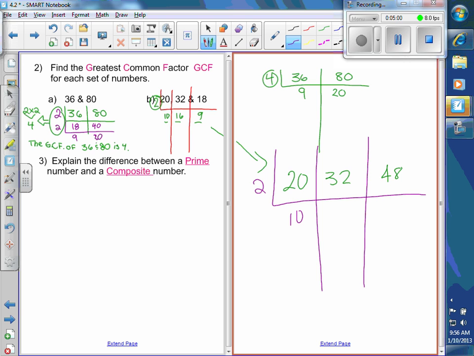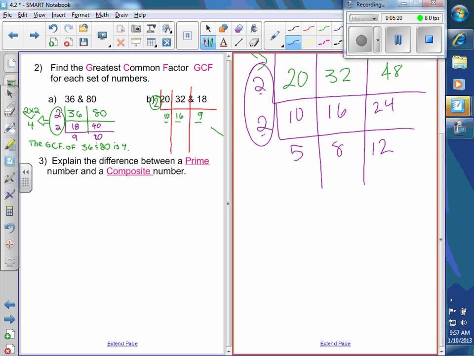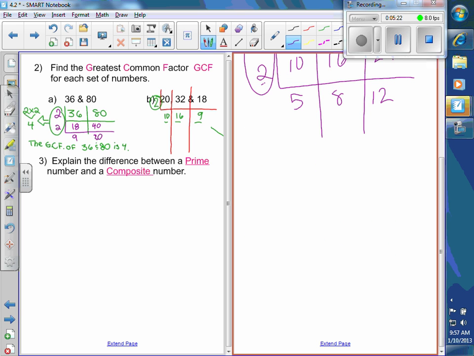So we have 10, 16, and 24. We could go to 2 again. 5, 8, and 12. Now these don't have anything in common. So you would multiply these. But these two numbers here could be anything. It could be 2, 5. Is that what you're asking? Yes. Okay, so if I had like 32, 20, and 48.